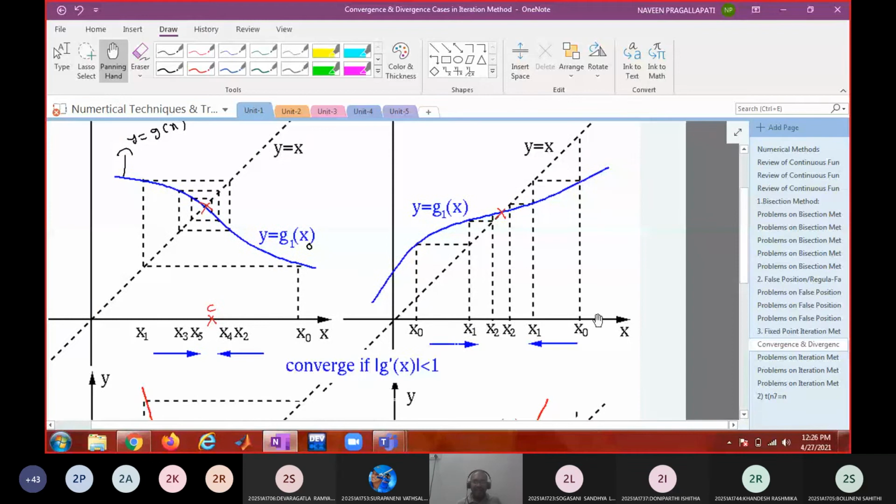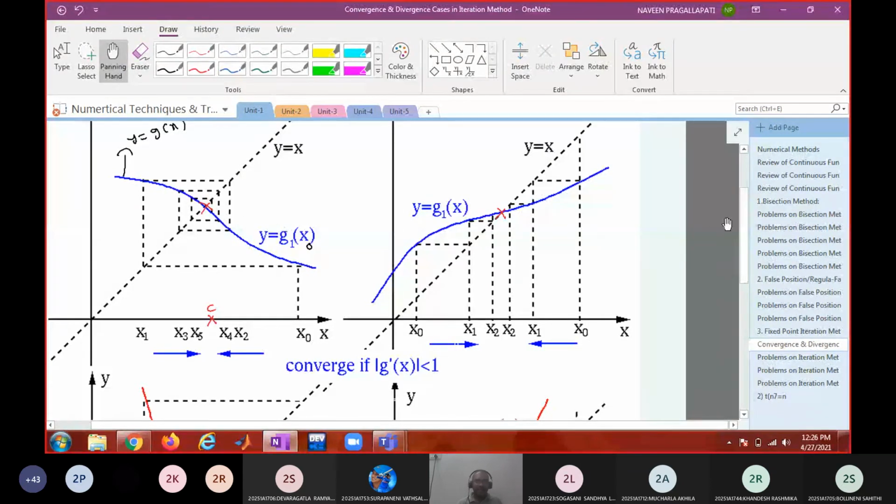You may start with x naught from the left hand side also. That also gives a convergent sequence. x naught, correlate x1, correlate x2, and so on. So as you increase the number of iterations, this sequence also converges to the exact root, because in both the cases the magnitude of the slope of the tangent to the curve is less than 1, or the tangent is making less than 45 degrees or more than 135 to 180 degrees.